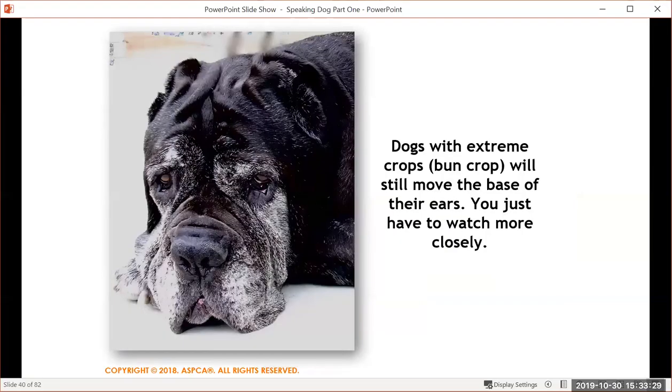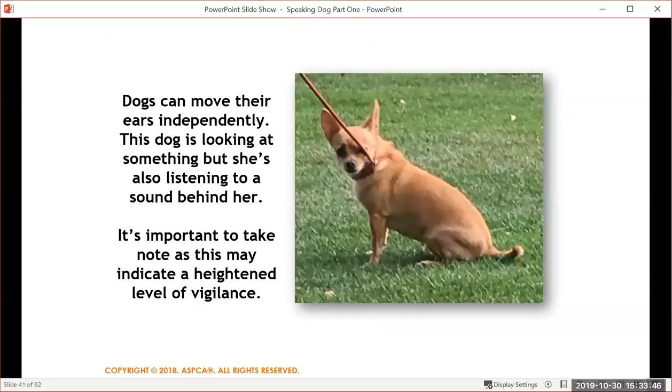We do deal with dogs, obviously, that have cropped ears, and if they have the real extreme crop, they can move the base of their ears. You just have to watch a lot more closely to be able to interpret what's going on. It's important to know as well, dogs can move their ears independently.